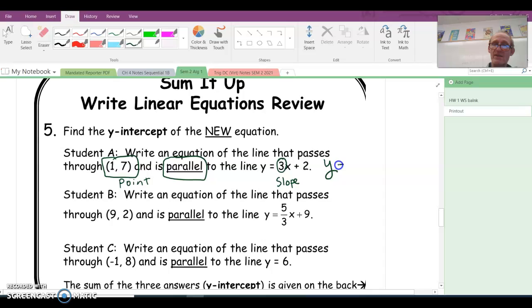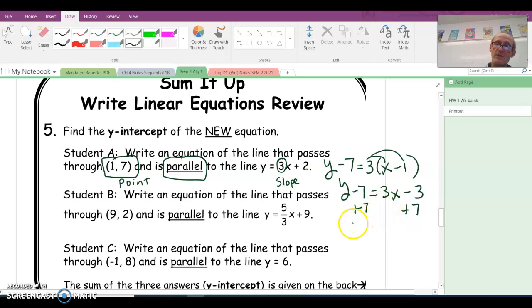So y minus 7 is equal to 3 times x minus 1. Solving for y now, you get y minus 7 equals 3x minus 3. You add the 7, and you get y equals 3x plus 4. So the y-intercept is 4.